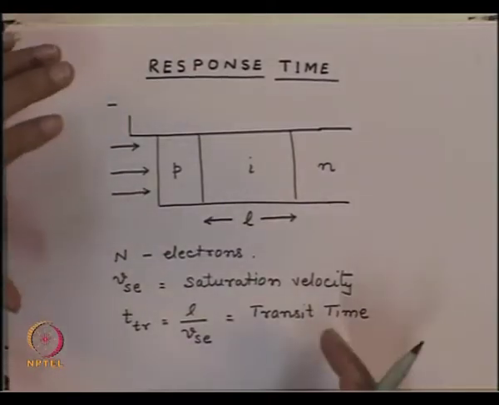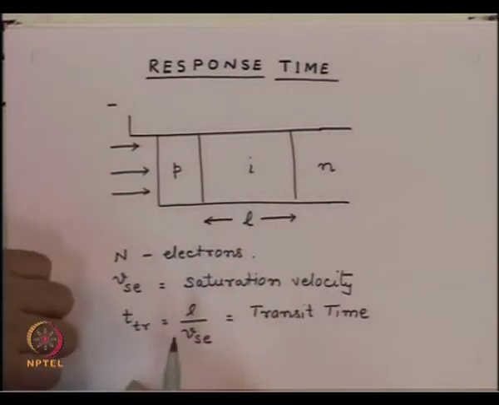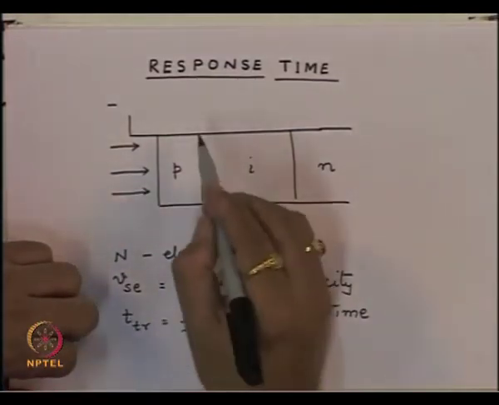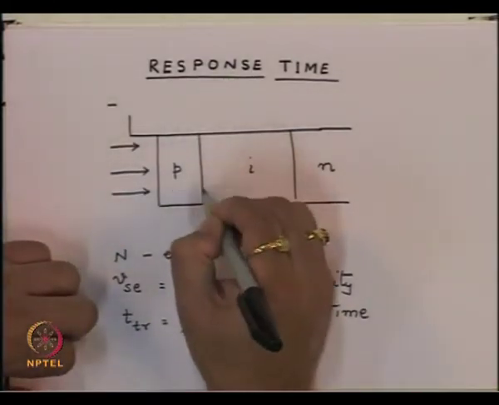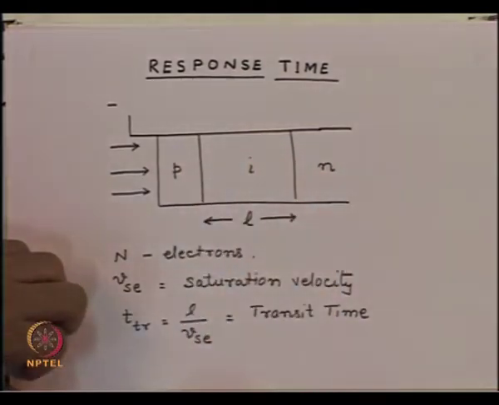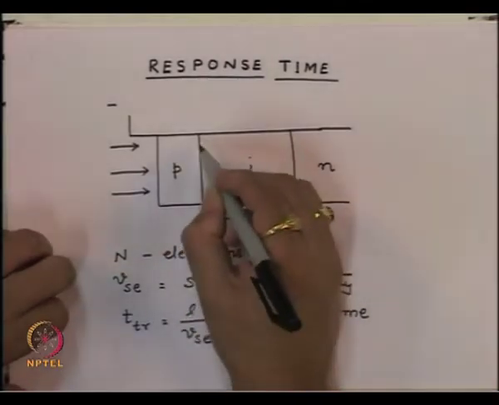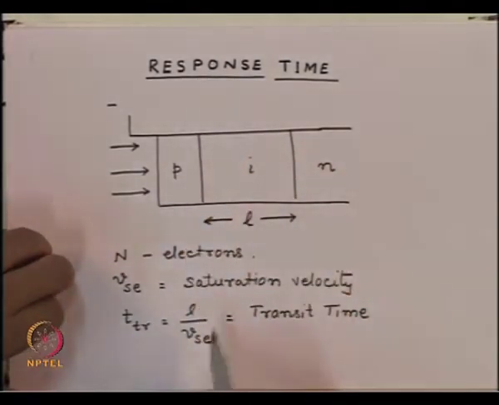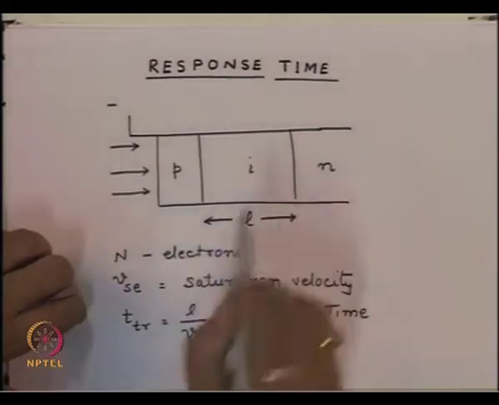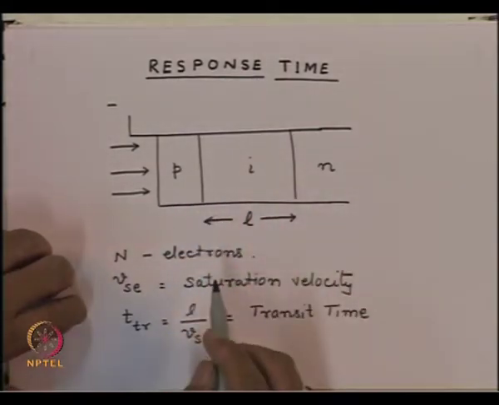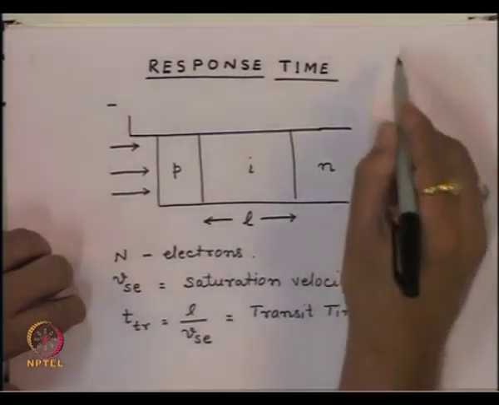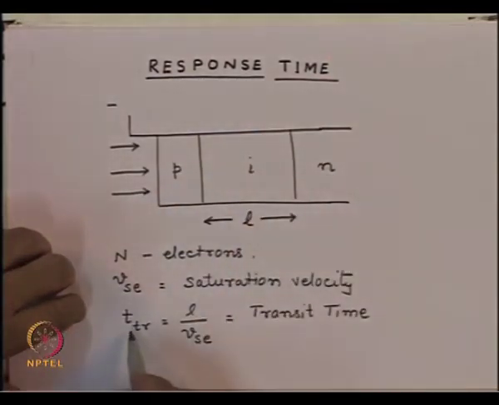Now, we can consider a simple case that the light is absorbed very close to this edge. So, all the n electrons are generated right on this edge, and then for a time which is T transit, these electrons keep moving over a distance L. So, we have a current flowing in the external circuitry for this transit time.